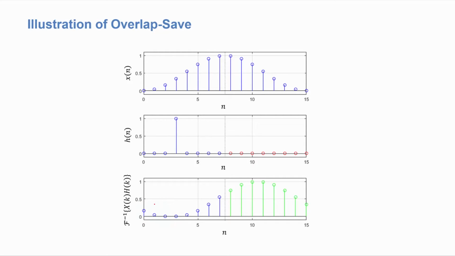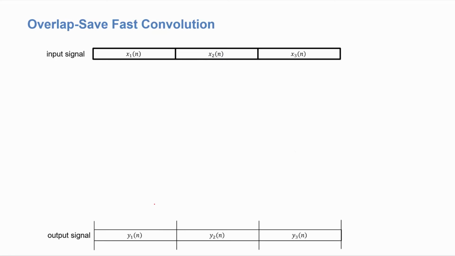There are, of course, different choices for the amount of zeros that the impulse response is padded with. I will show you a particular choice, the one that I favor personally, because its implementation is particularly convenient. So here we go. Our input signal cut into frames is again indicated at the top, and the corresponding frames of the output signal are indicated at the bottom.